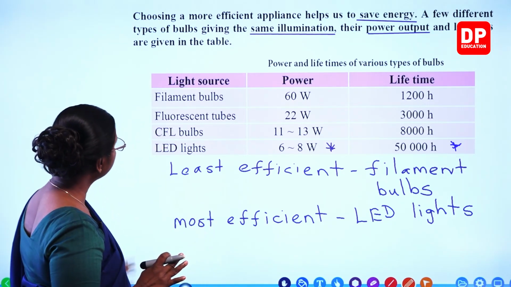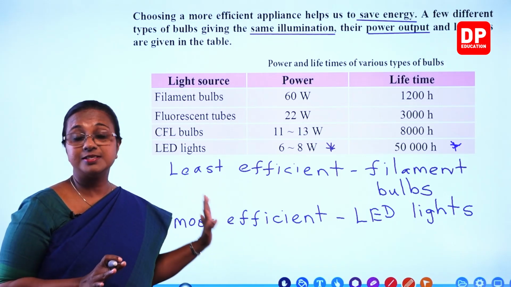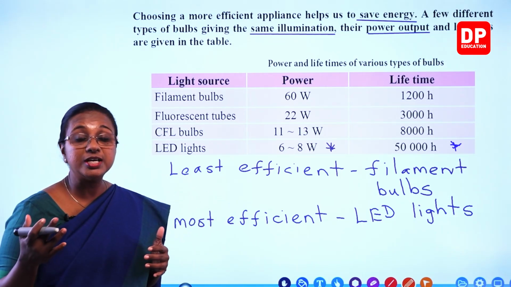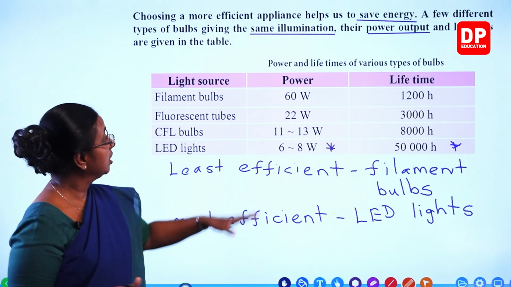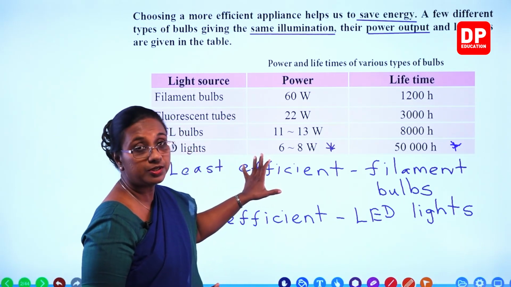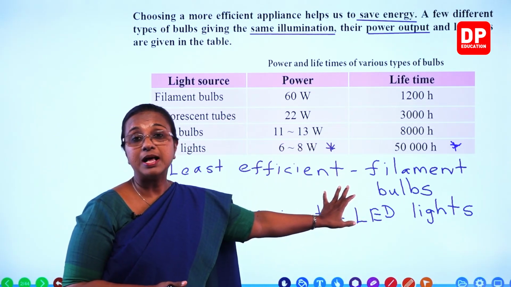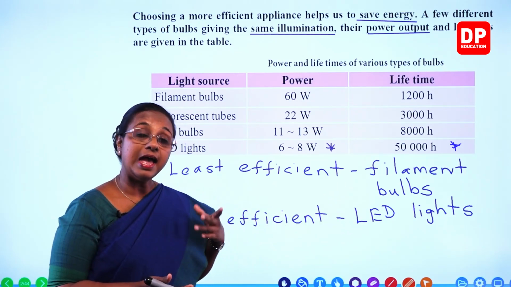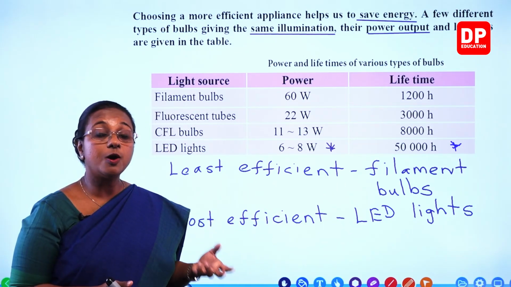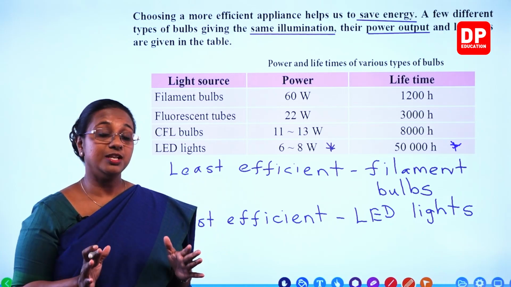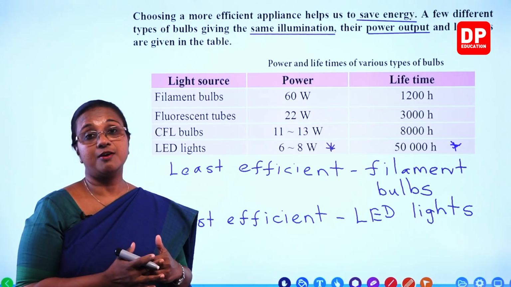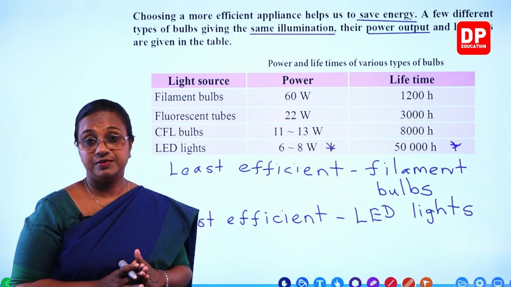So from now on, when you are going to purchase a light bulb, you need to consider all these factors. You have to look at the power output and the lifetime of the bulb, and consider that along with the price. Then you can decide carefully which is more efficient.